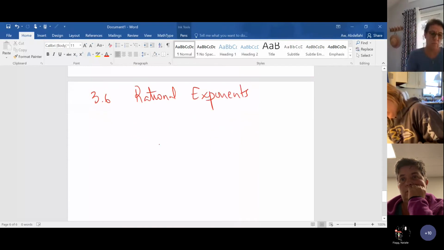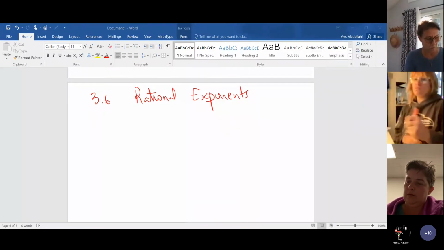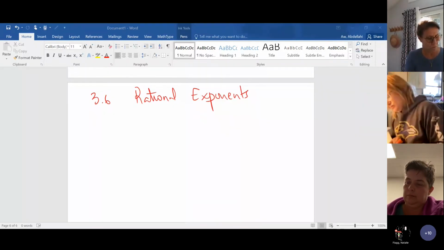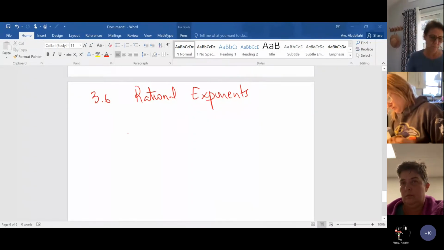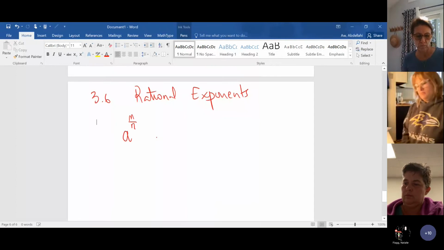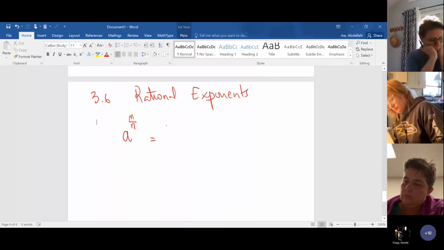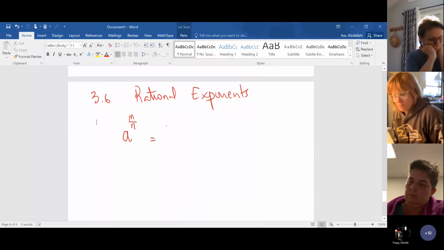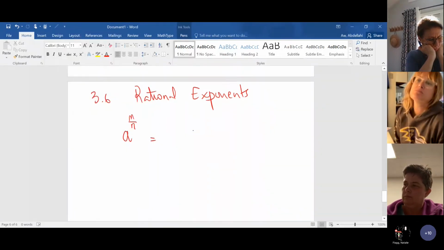We're going to say a to the m over n power. Actually, this contains two actions, right? The first action is the numerator is a power and the denominator is a radical.